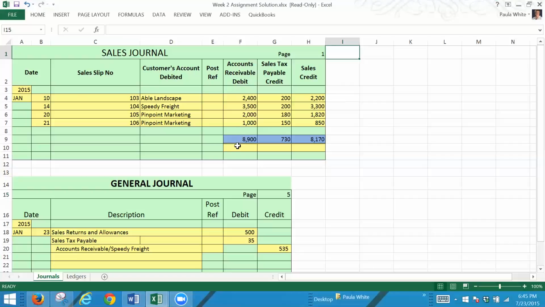Then we totaled them up, and the totals are right now in blue. We have a debit to go to accounts receivable of $8,900. We have a credit to go to sales of $8,170, and a credit that goes to sales tax payable of $730. Now let's post this to the ledger since it's at the end of the month.